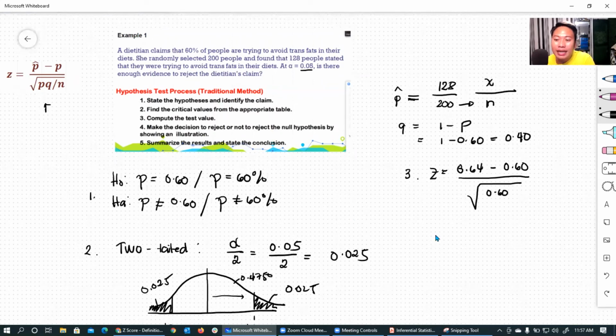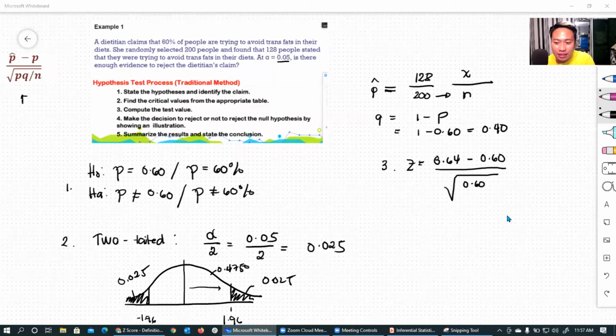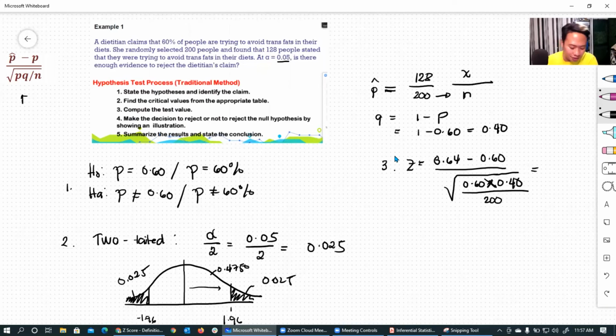So agreed respondents over the selected sample size. So 0.60 times q 0.40, over n. What is n? 200. Let's calculate this using our calculator.